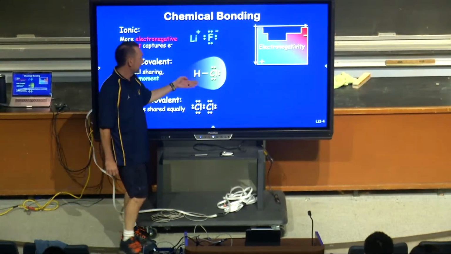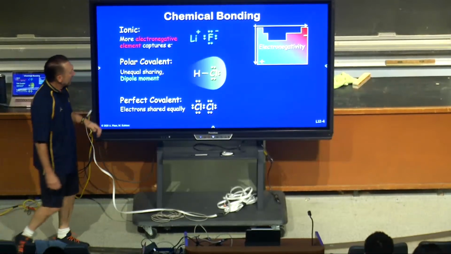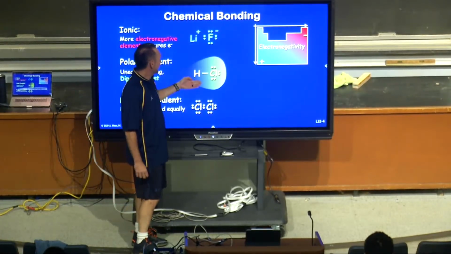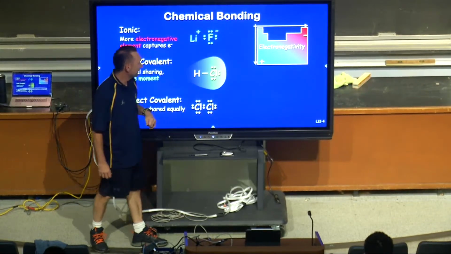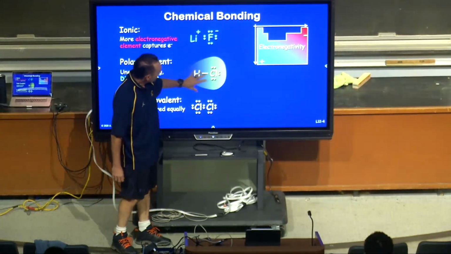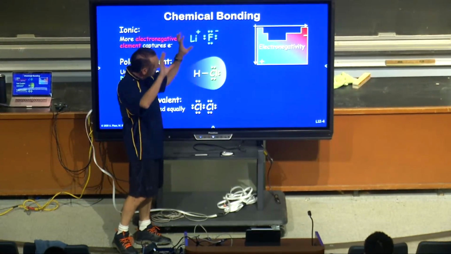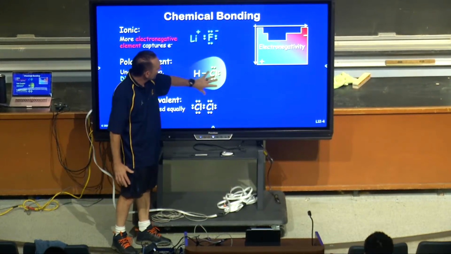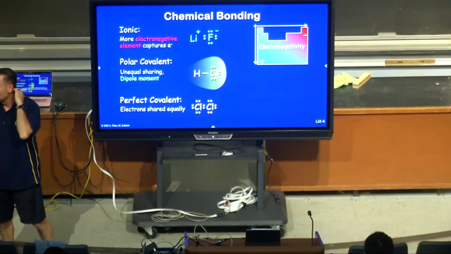And here's a classic case, HCl, hydrogen chloride, hydrochloric acid, it goes by many names. But here, chlorine is much more electronegative than hydrogen. So what I've drawn here is a skewed orbital, a skewed cloud of electrons favoring the chlorine side because it's more electronegative.